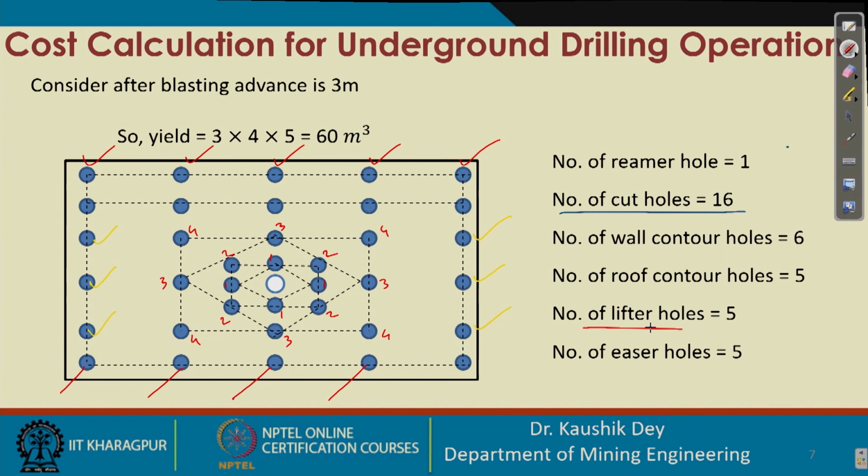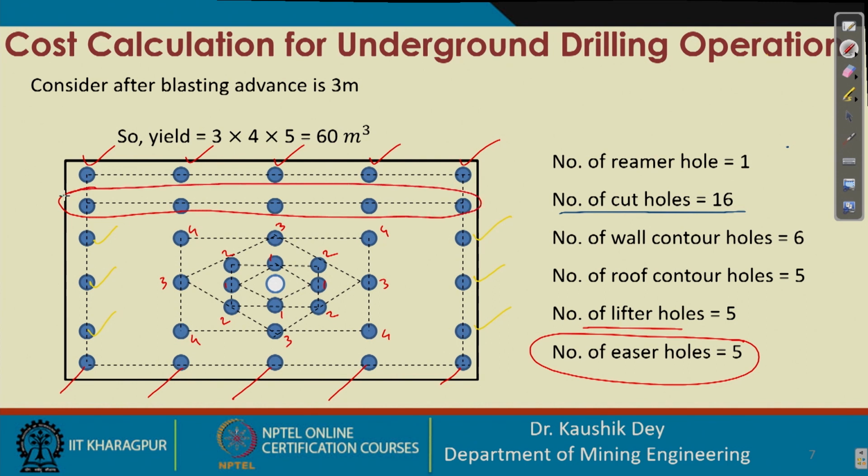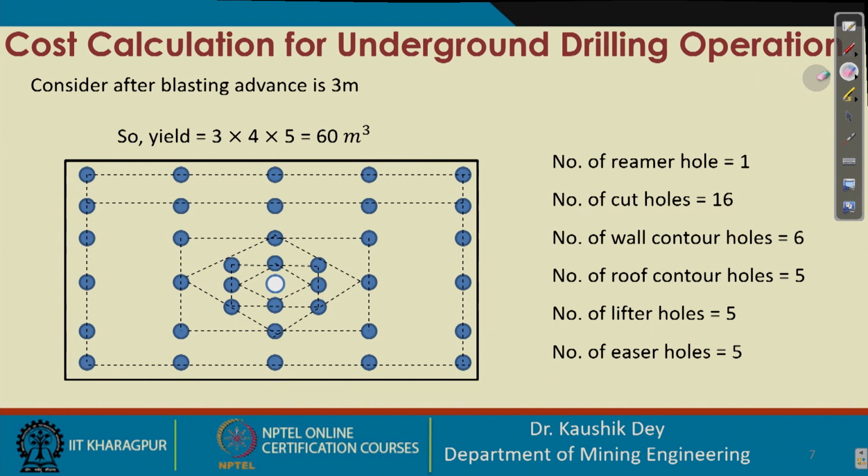These 5 holes. Apart from that, we have 5 easer holes, placed here. If we have such a blasting system, I am taking this opportunity to tell you how the delay sequences are provided in this case.